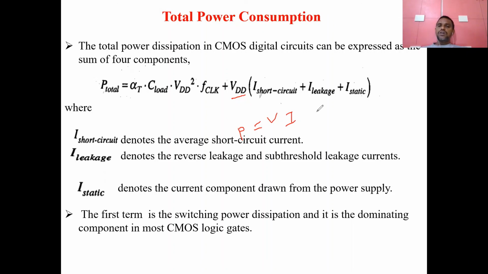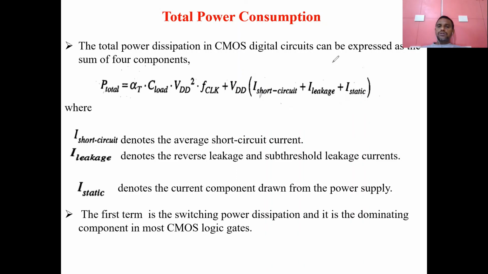So we get the total power consumption due to the short circuit current, the leakage current and the static power consumption. These are the remaining three, and the first term is the major contribution to the total power consumption. So this is about the power consumption that takes place in CMOS digital circuits.